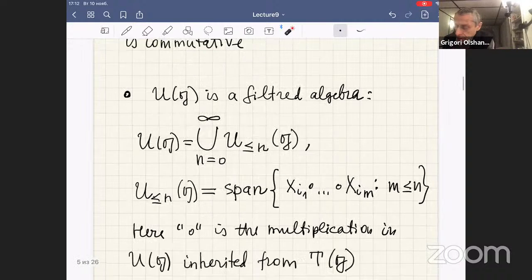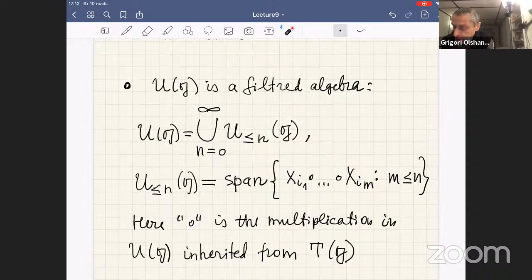And the definition is that this subspace is spanned by arbitrary monomials of length at most n. And I use this symbol, this circle, to denote the multiplication in the universal enveloping algebra, to distinguish it from other multiplication, which you will see why it's convenient. So this is the multiplication in the universal enveloping algebra, which is inherited from the multiplication in the tensor algebra.